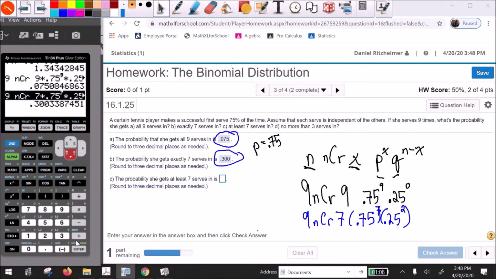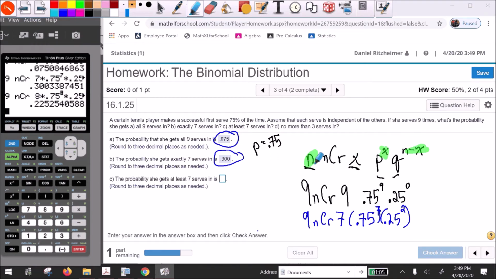So we're just going to go ahead and find the probability of her getting 8 of the 9 serves in by changing that to an 8 there, changing that to an 8, changing this to a 1. When you use this formula, these two should always add up to this number here.